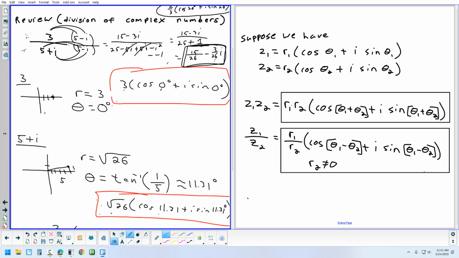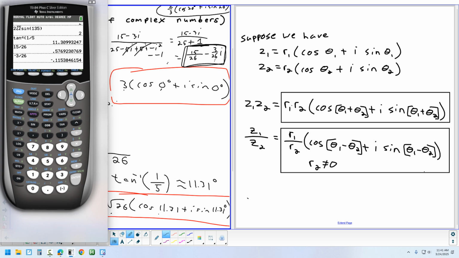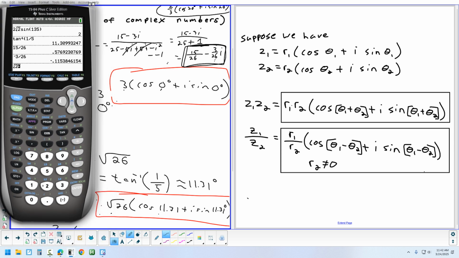Take the square root of 26 and multiply it by the cosine of 11.31. If we did it right, I should get 15 over 26. Cosine 11.31. That's that 0.576 number.